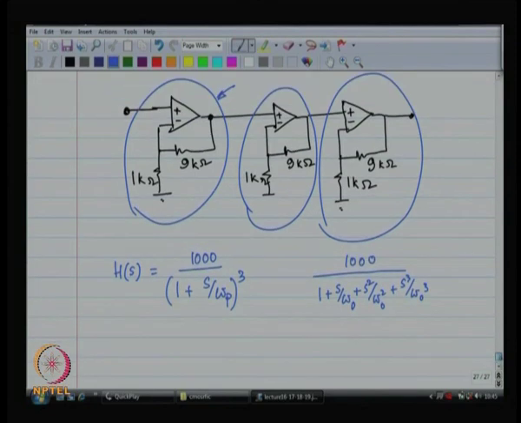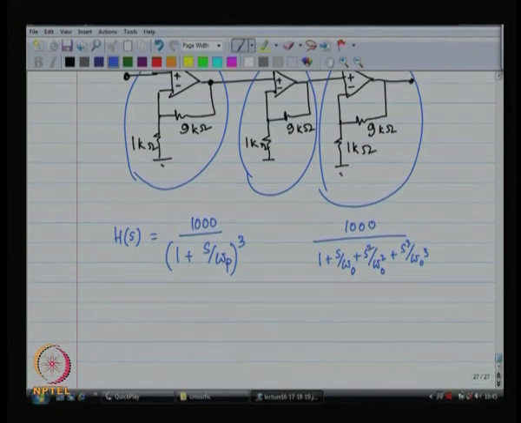Can you arrange your 3 amplifying stages in a way that you get this kind of a transfer function? So, this is the Butterworth transfer function. It can be done. So, you say that I no longer want to put a simple cascade of 3 amplifiers like that. I would like something more complicated.